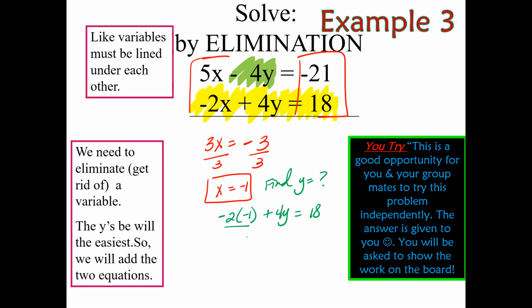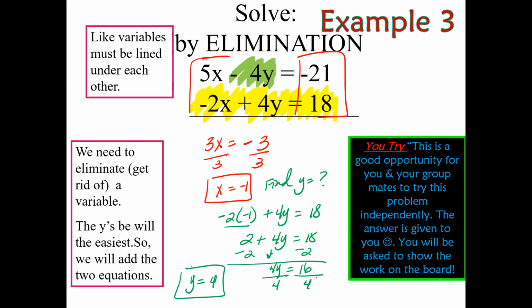Negative 2 times negative 1 is a positive 2 plus 4y equals 18. Subtract the 2 on both sides. Bring down the 4y. 18 minus 2 is a 16. Opposite of times is a divide, so I have to divide by 4 on both sides. And y equals 4. So your answer here is negative 1, comma 4.